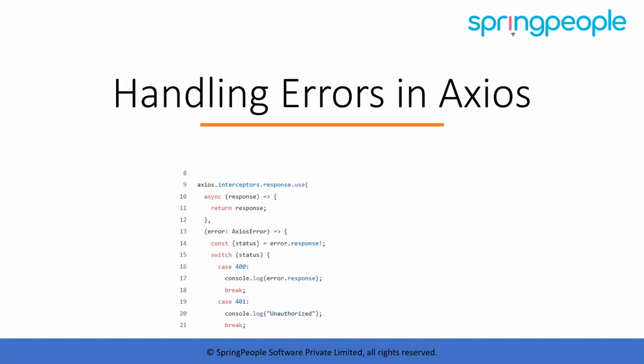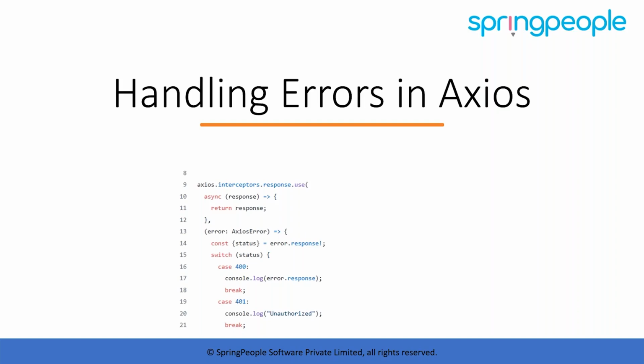Now, what I have done is here I'm writing response interceptors. So we use access.interceptors.response.use. Here, what I'm doing is checking the status codes. In case of whatever response I'm getting out of, let us say, the get request that I have sent, I'm checking to see how the response is.